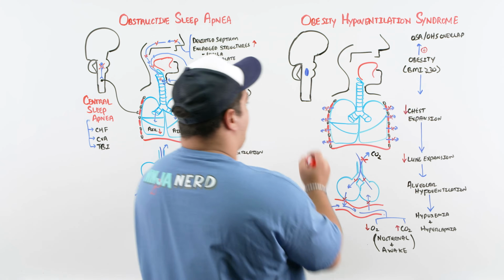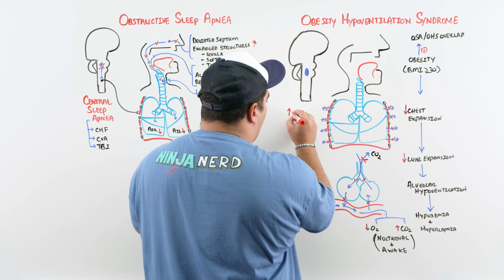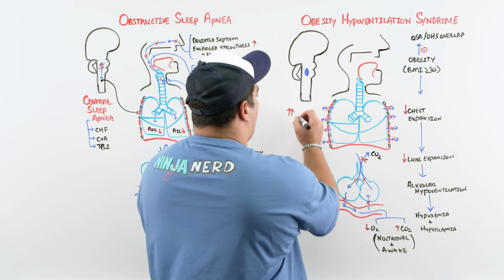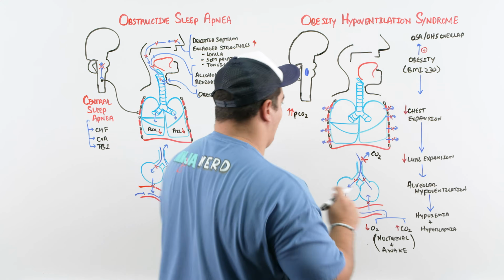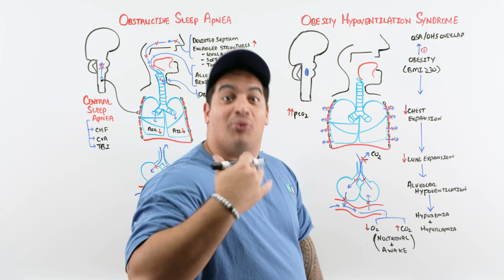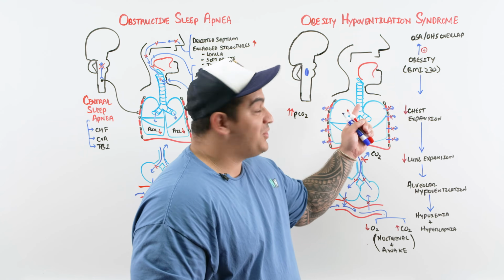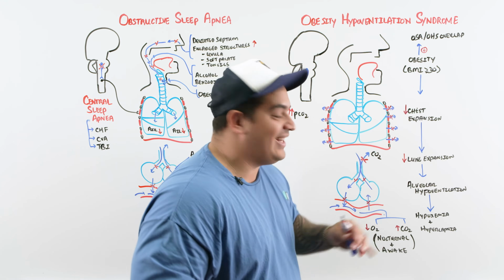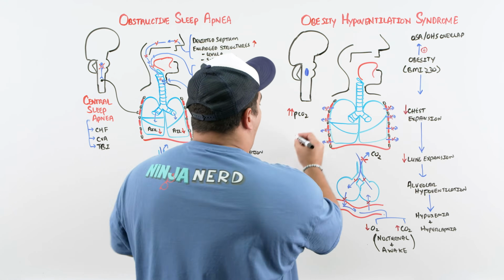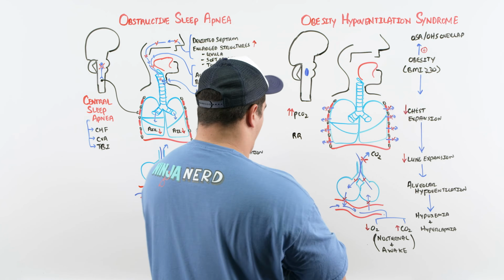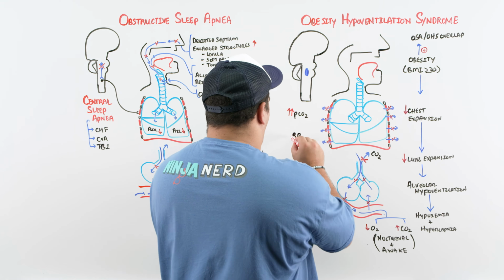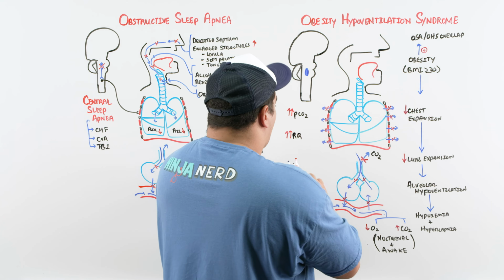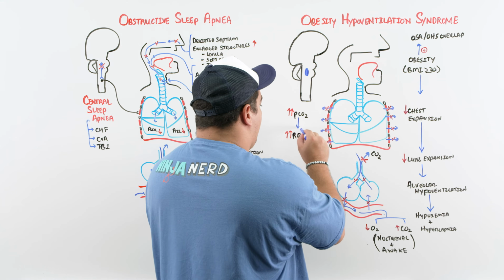What happens is when CO2 is built up, what does your body try to do in response to that? Breathe faster. Guess what these patients with obesity hypoventilation syndrome do? They breathe really fast because they take in small volumes. And so what will happen is these patients will have an increase in respiratory rate. So they'll look like they're working harder to breathe. And they'll try and blow their CO2 down.